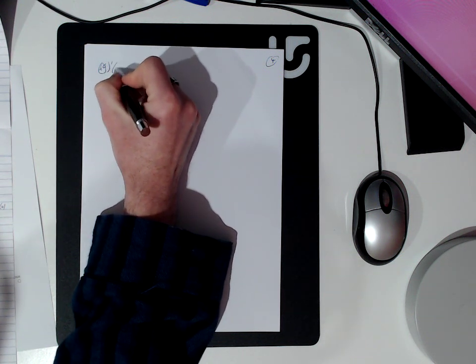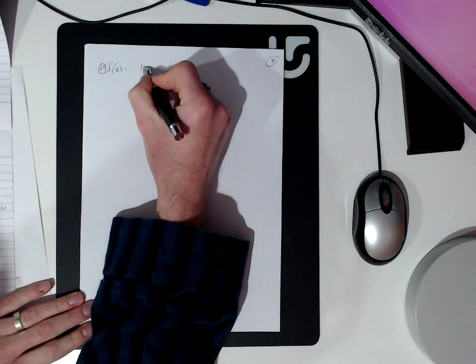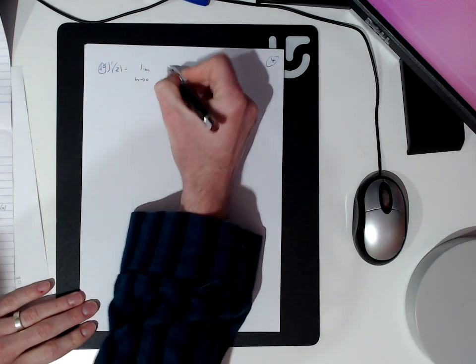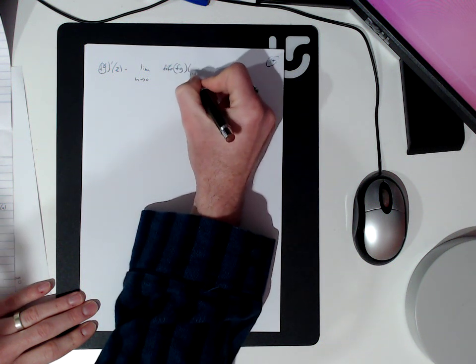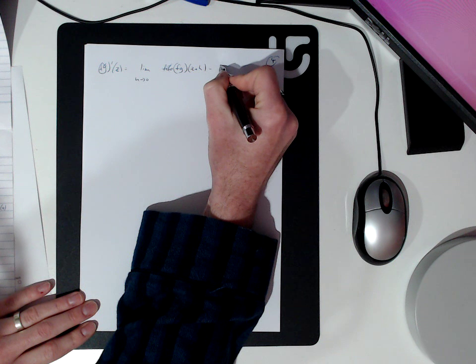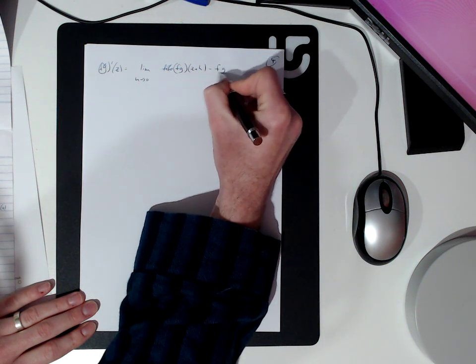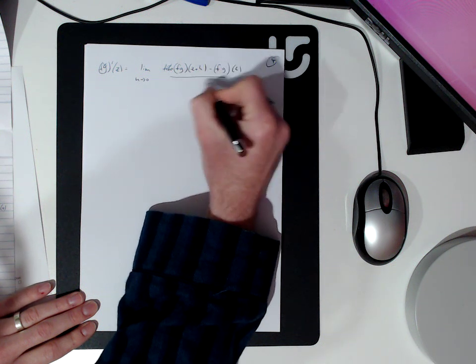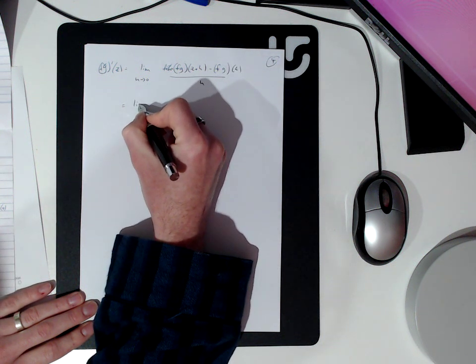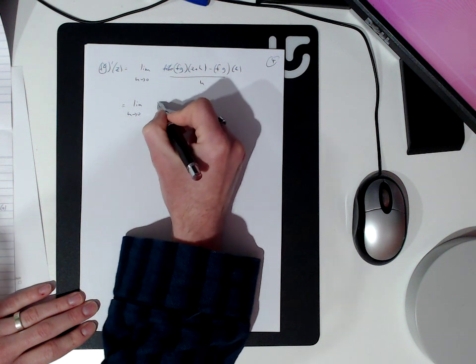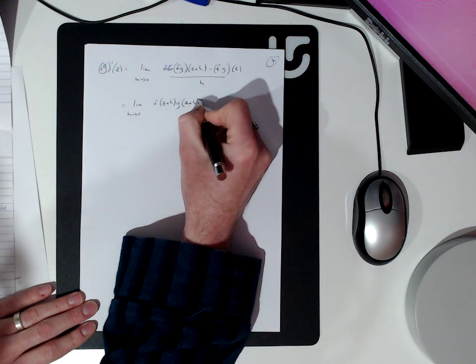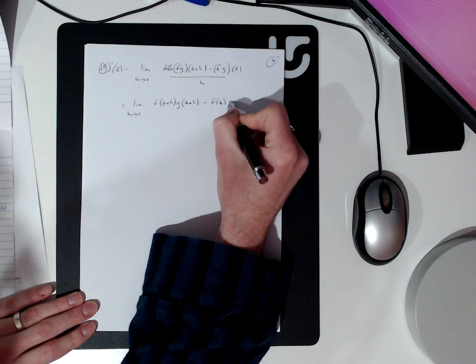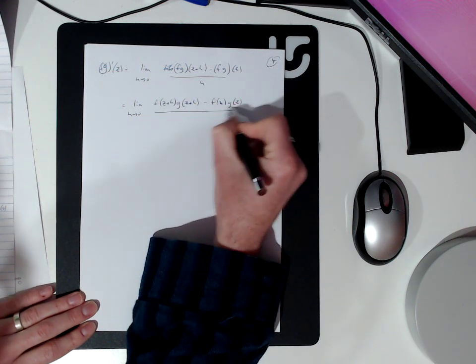The derivative of fg at z is equal to the limit as h goes to 0 of (f(z plus h) g(z plus h) minus f(z) g(z)) over h.